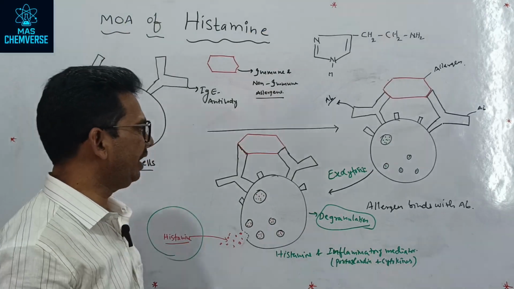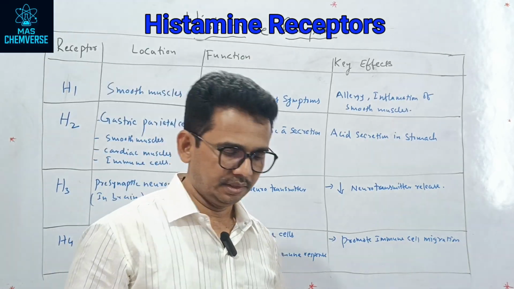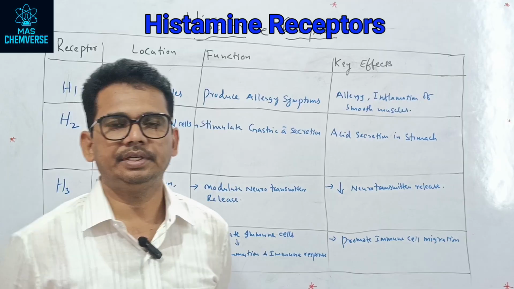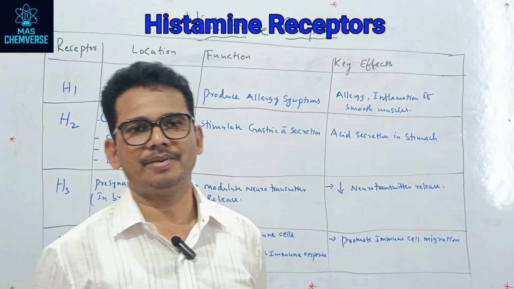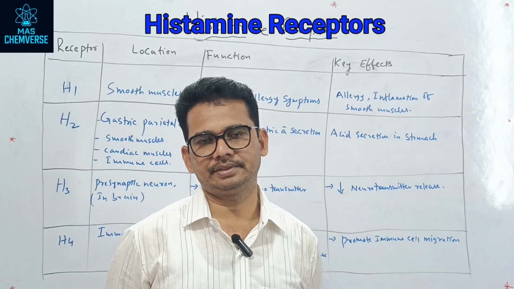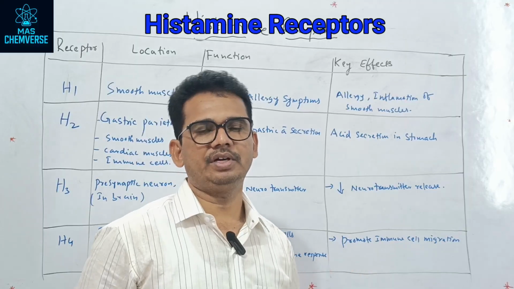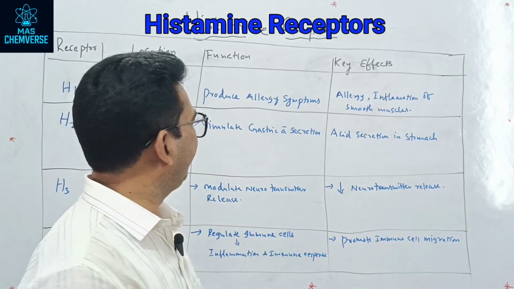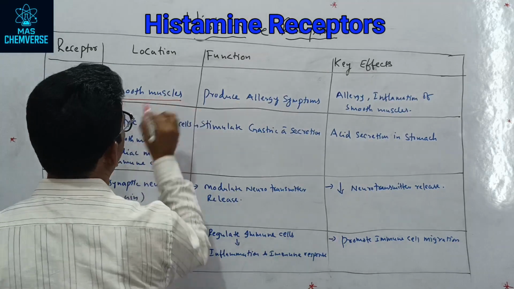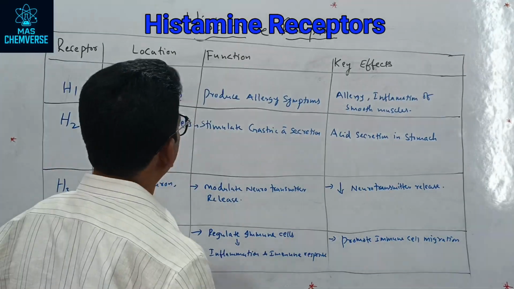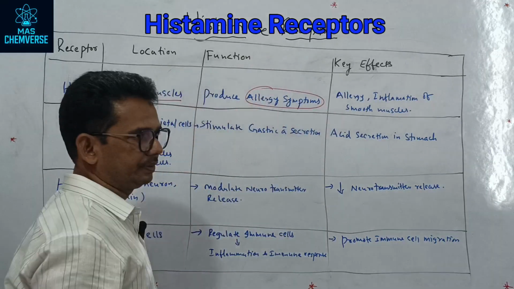This is the mechanism of histamine. Now we are going to discuss where these receptors are located. I told you there are 4 types of receptors, H1, H2, H3, H4, which are responsible for various things like inflammation and allergy. Where are they located, and what functions do they have? H1 receptors are present especially in smooth muscles, where they produce allergic symptoms.